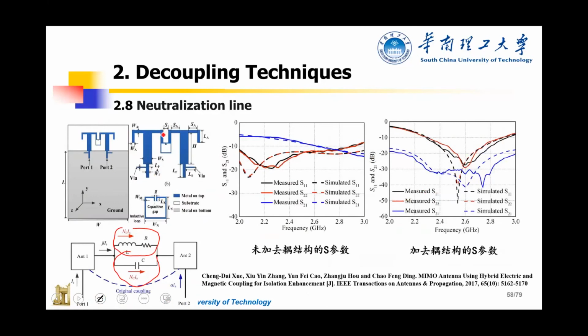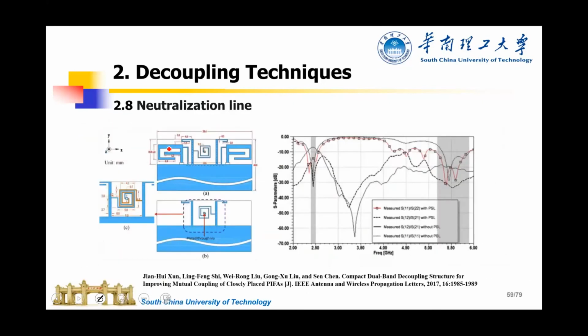Here is the capacitor, here is the inductor, so we can get the wideband decoupling. Also, this uses an inductive neutralization line like this. So it also gets good isolation.